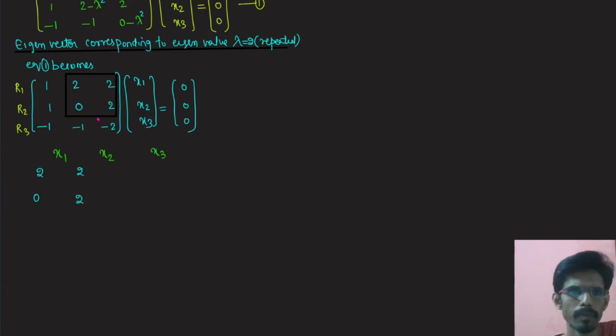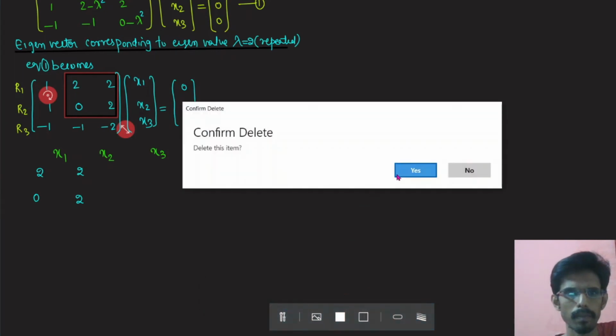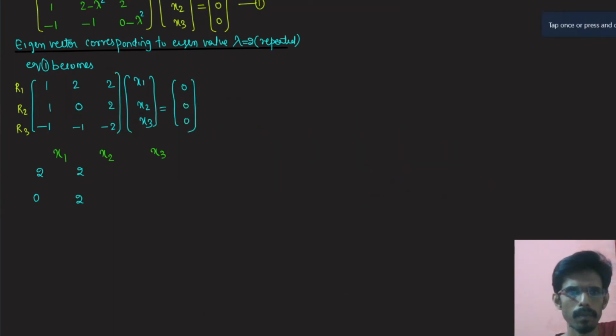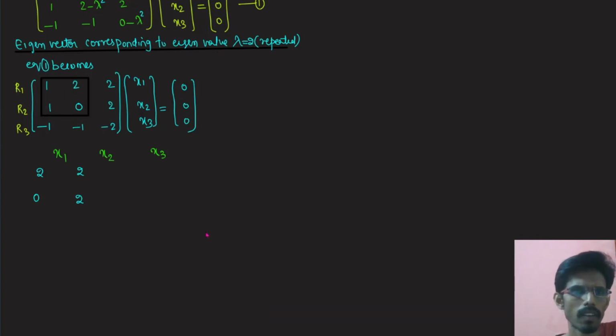Next, take this submatrix. We have 1, 2, 1, 0. Now apply AD minus BC here.